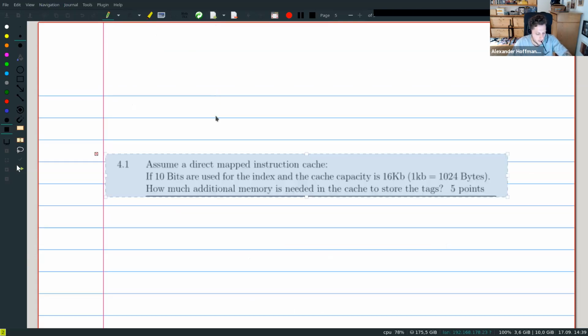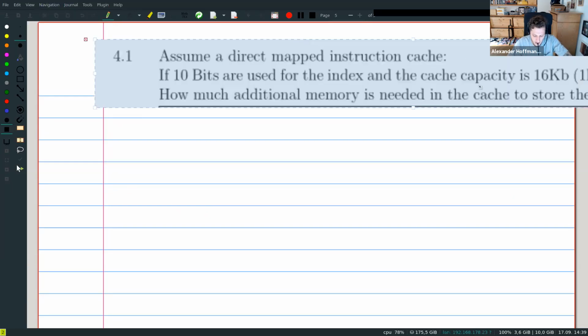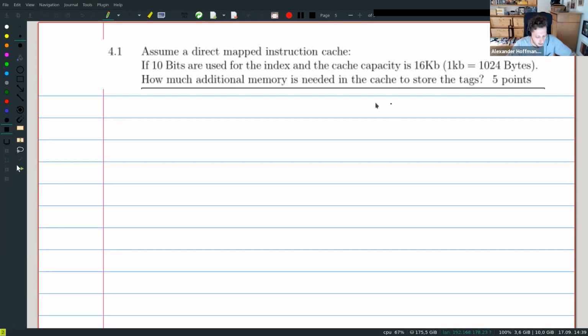Now, since we have 20 minutes left, I think we have enough time for you to take the lead on this question. Assuming a direct-mapped cache, instructions tell us how big our system is.